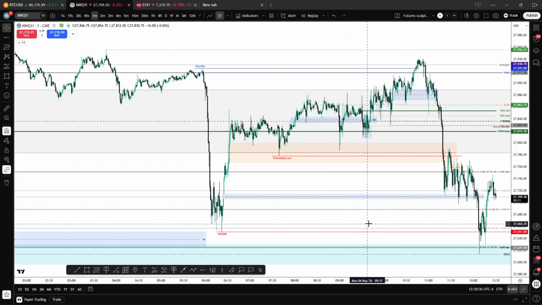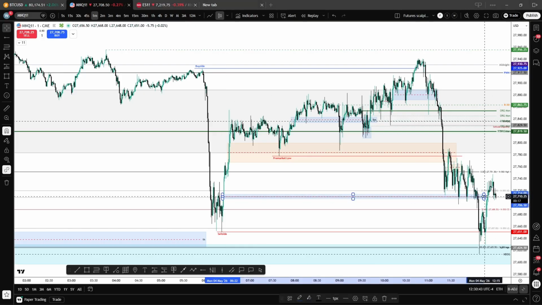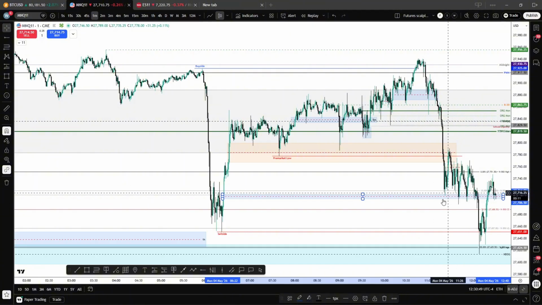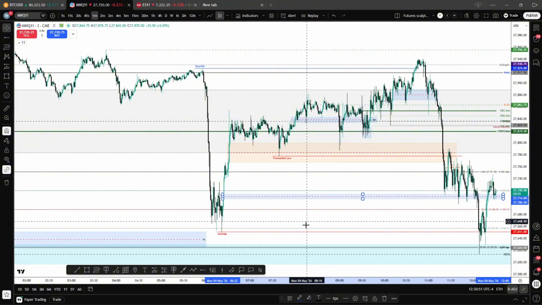And I noted this volume imbalance right here, and look at that. Going right to it. So that was the low-hanging fruit objective for me.